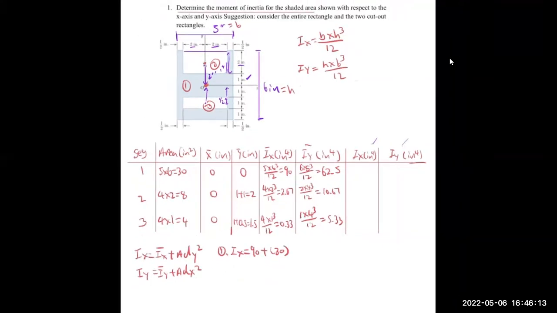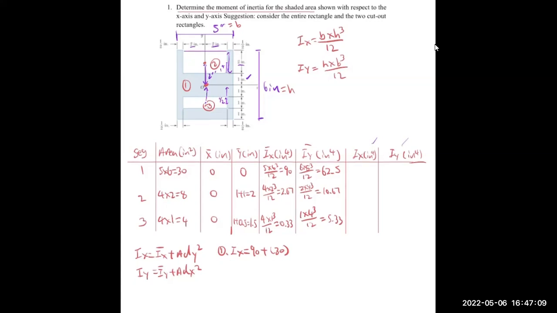Sometimes you might see they have the same value, but their concepts are different. So x bar and y bar is from the centroid of the segment to the origin, but dy and dx is from the centroid of the segment to the centroid of where x and y is.